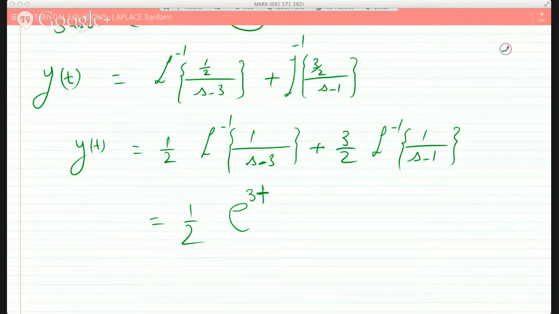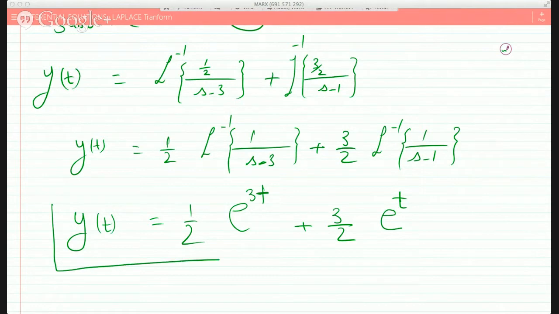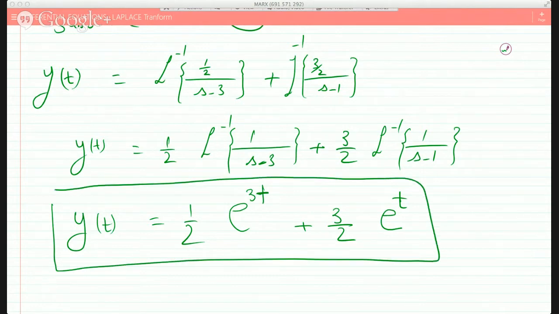And the same thing on the other one. 3 over 2, 1 over s minus 1 will be, the a will be 1, so e to the t. So this is y of t, which is the solution for the non-homogeneous differential equation that we started with using Laplace.